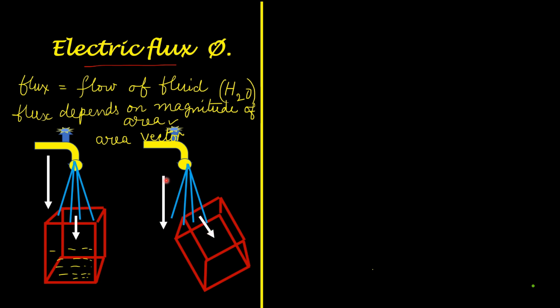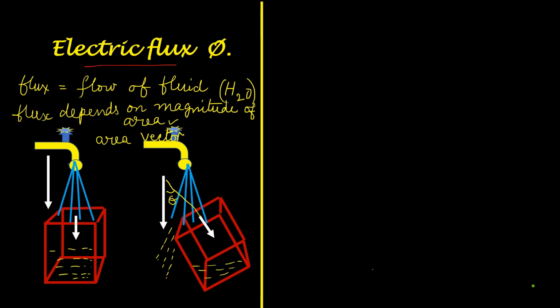If we extrapolate the area vector to meet the direction of flow of water, then there will be an angle between the two. Let us call it theta. The area vector and the direction of flow of water are not parallel to each other. Only a small amount of water gets collected in the vessel. Part of the stream of water flowing from the tap is really flowing outside the vessel. So the flux of water crossing this area will be much less.